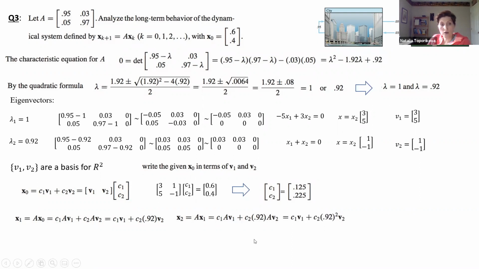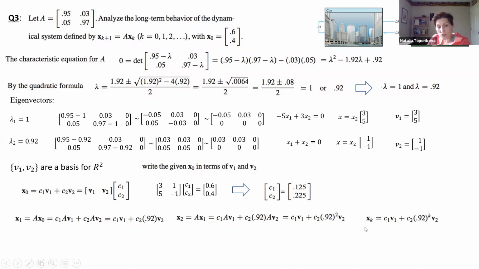Because our first eigenvalue is equal to 1, you can raise it to any power and it remains 1, but the second term of this equation will have the second eigenvalue 0.92 to the power 2, which is the same as the index of x, or our step number.